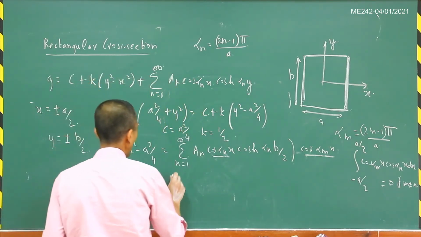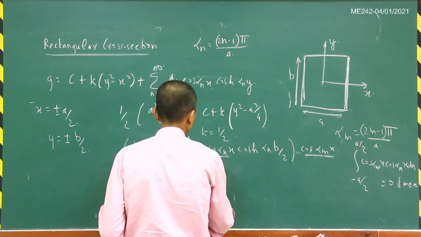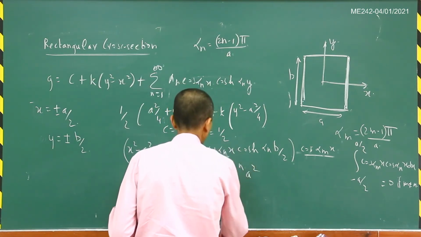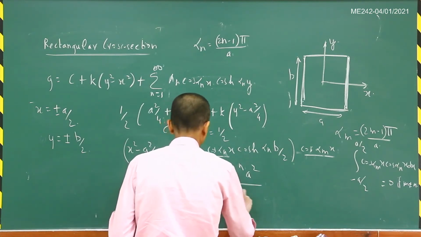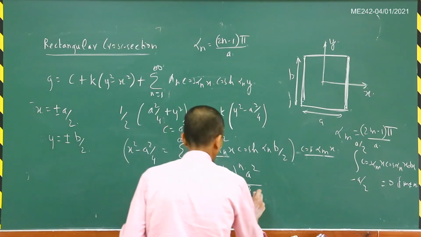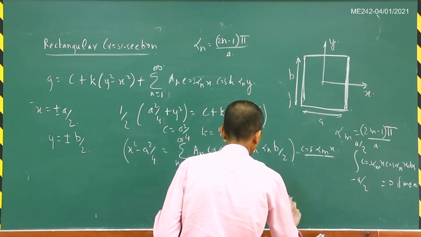What you will get is that a_n is equal to 8 times (minus 1) raised to n times G alpha a squared, divided by (2n minus 1) times pi cubed times cosh of (alpha_n b by 2).